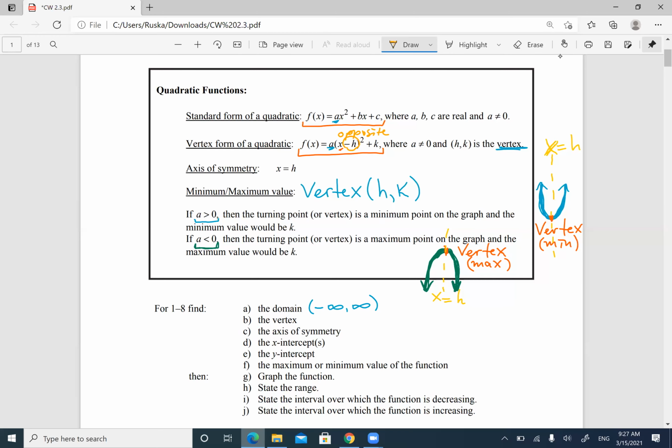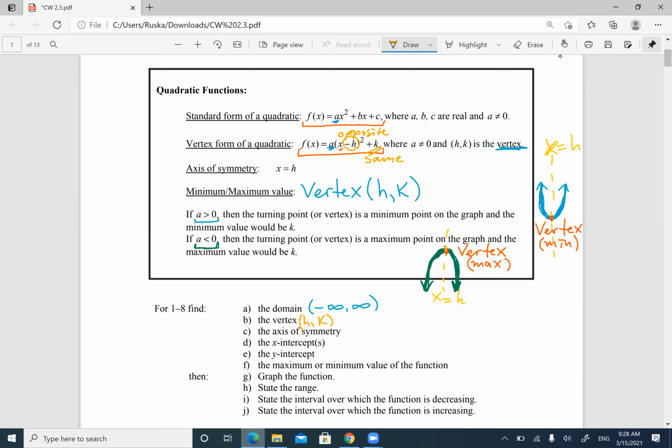And the same number at the end, because it's plus k. And that's your vertex. So the vertex is always h and k. If you have a vertex form, you're just going to look at those numbers, nothing else. Get those numbers, that's your vertex, okay?